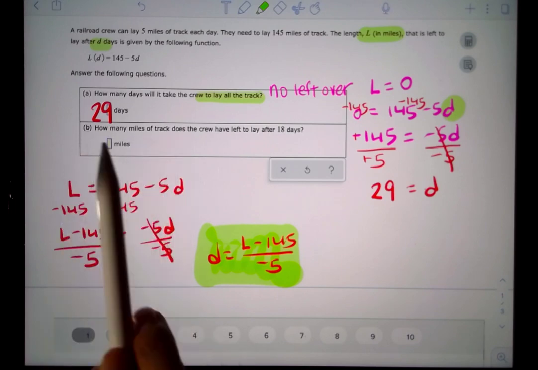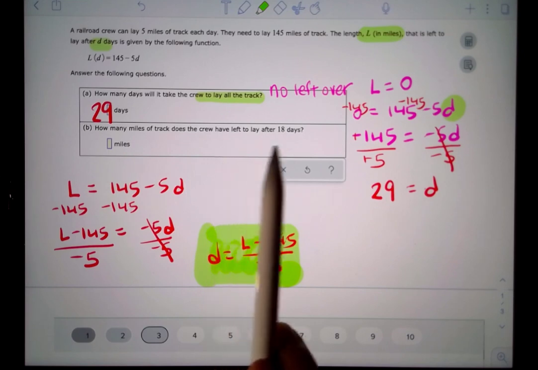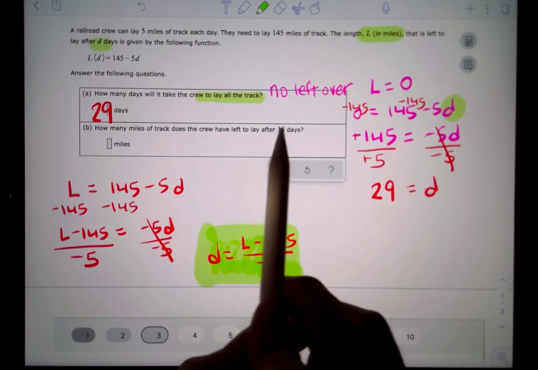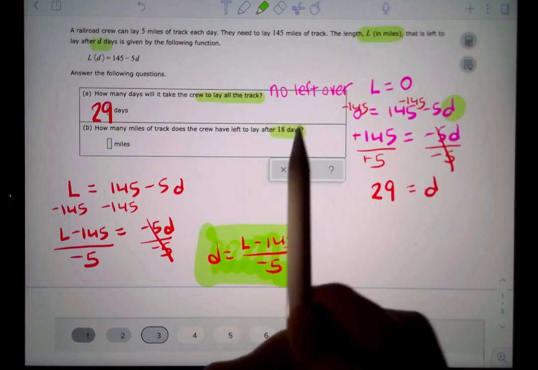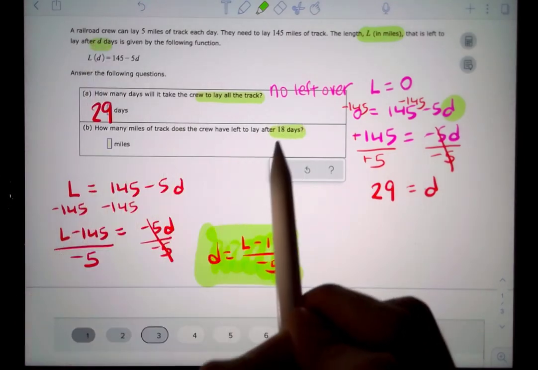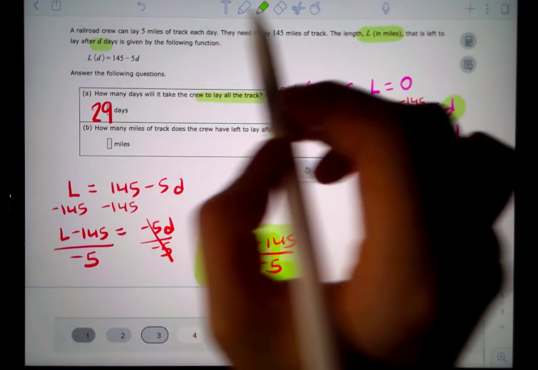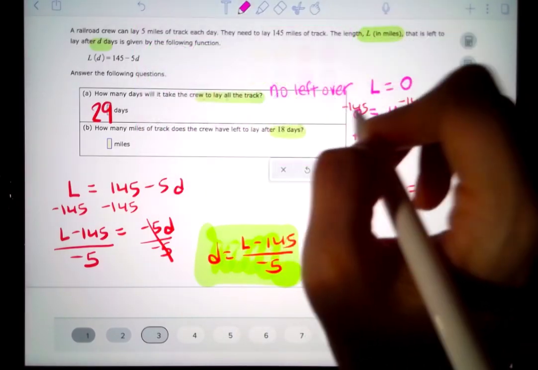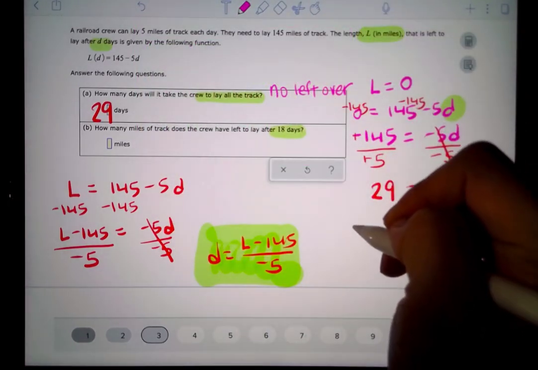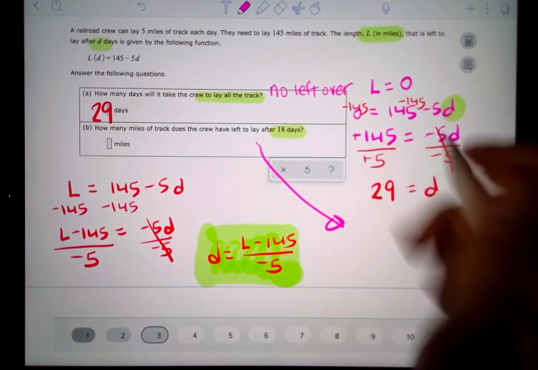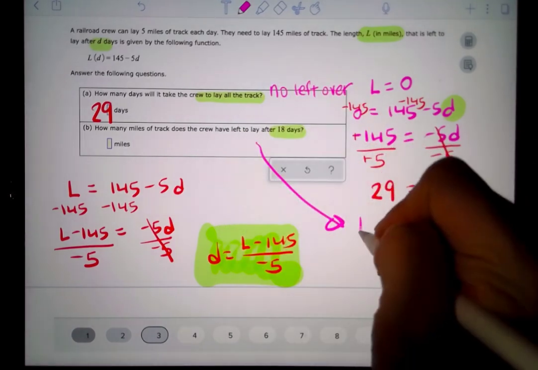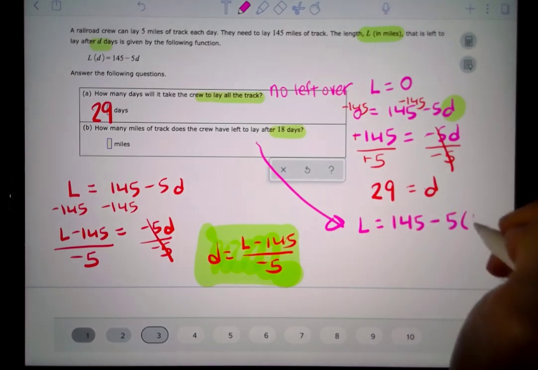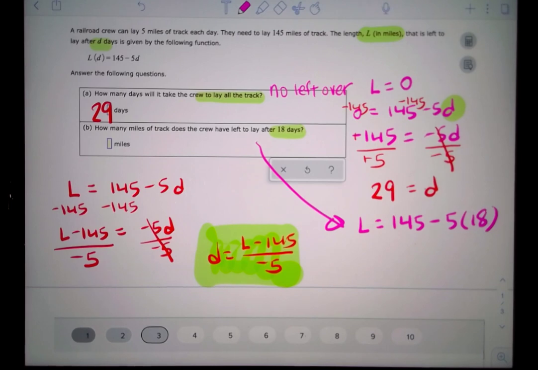And then B is, how many miles of track does the crew have left to lay after 18 days? 18 days, you see it? 18 days, so that's D, right? So now you put 18 into D, all right? So let me do it here. Then you get L equals 145 minus 5 times 18, like that.